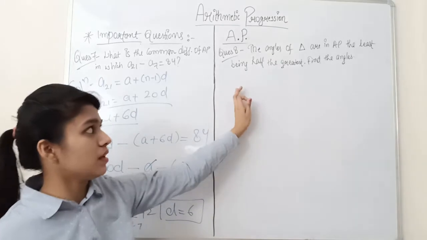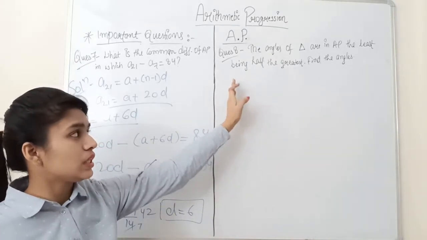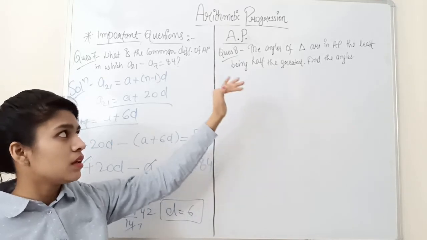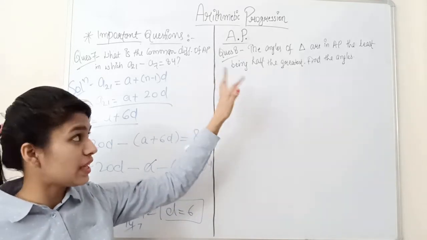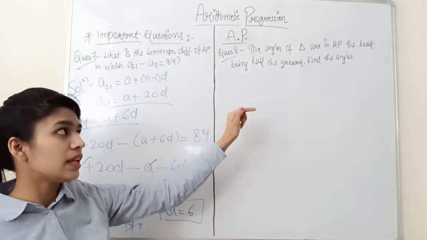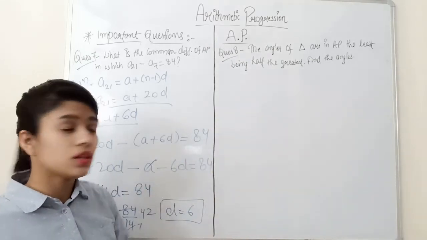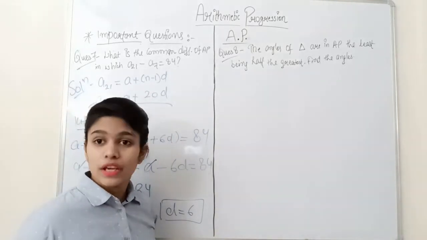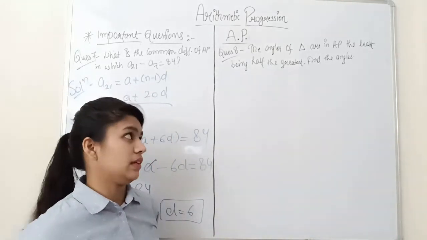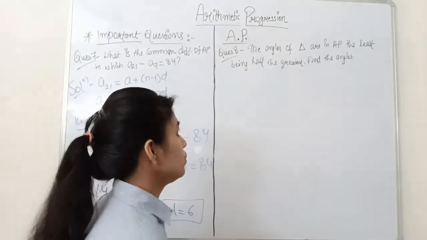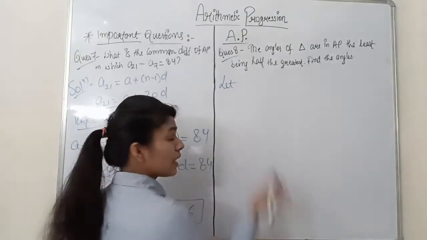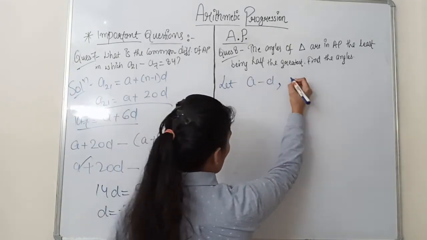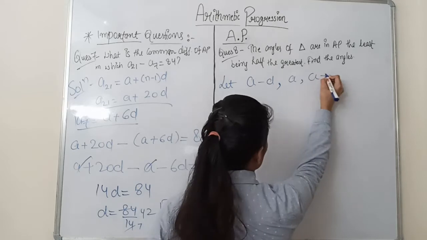The least angle is half of the greatest angle. Okay. So we have to find the values of the angles. Okay. So let the angles be A minus D, A, A plus D.